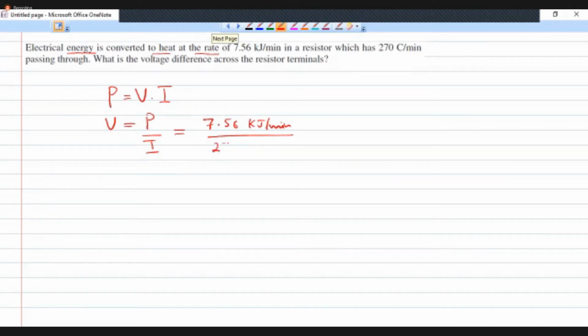It is 270 coulombs per minute. Sir, 27.77 volt. Okay, so this will approximately come to 28, and the unit is volt, or joule per coulomb, which is nothing but 28 volt. For kilo you have to multiply by 10 power 3.